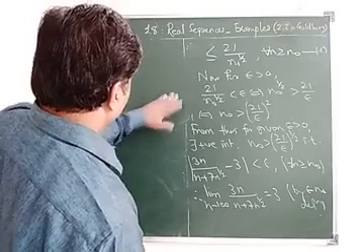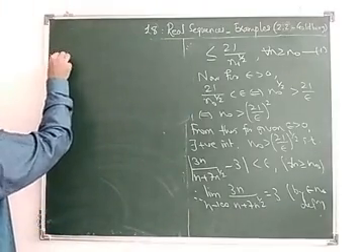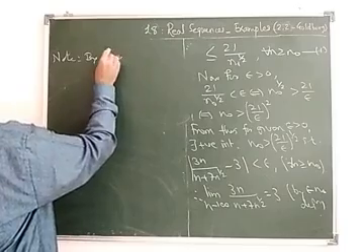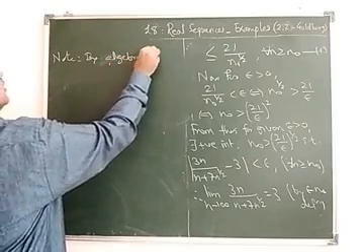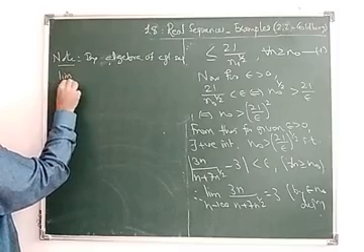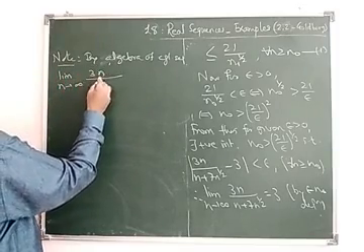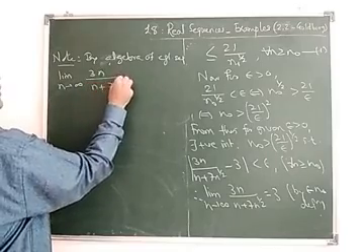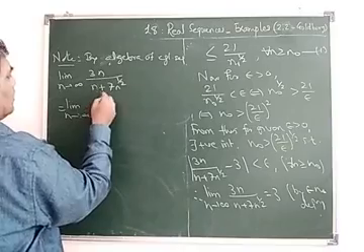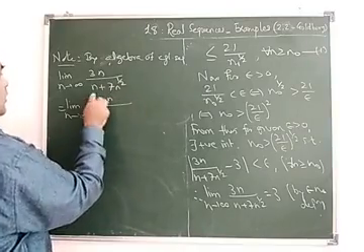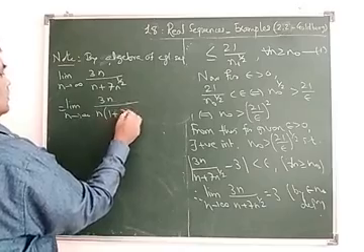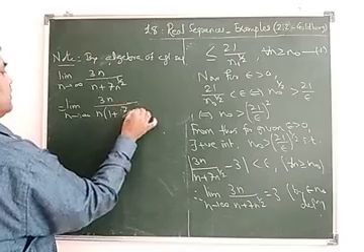Note, by operations or by algebra of convergent sequences, limit n tends to infinity of 3n upon n plus 7n raised to half is equal to limit n tends to infinity of, I will take n outside from the denominator, n in bracket 1 plus 7 upon n raised to half, right?